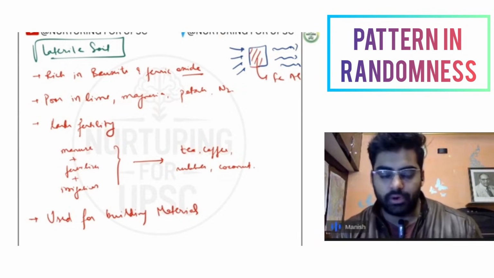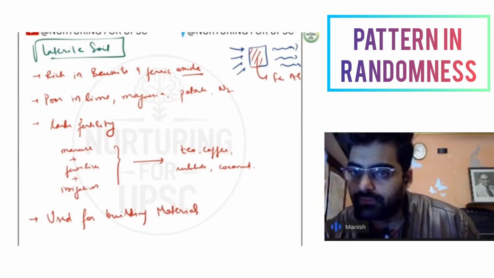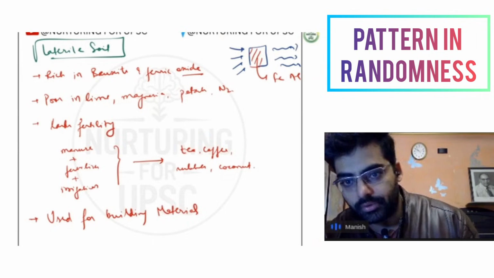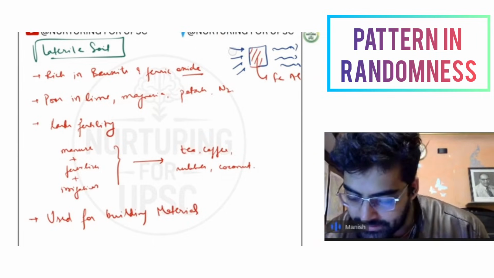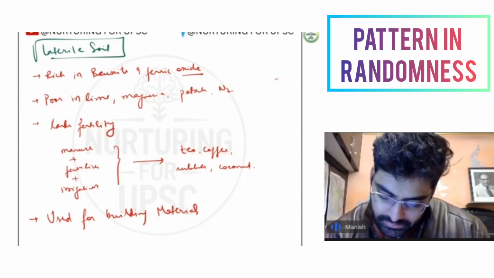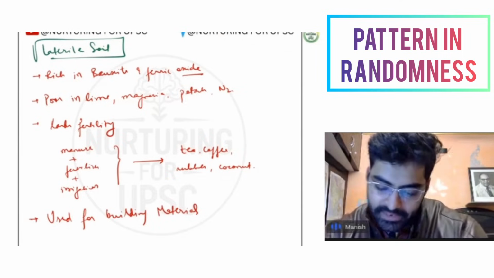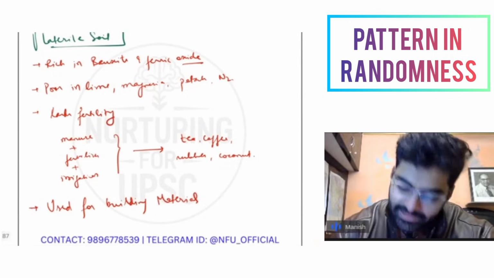And we all know bauxite is the ore of aluminum. A lot of bauxite mines are actually found in Odisha. So it is due to that laterite soil, the laterization process. This soil is rich in bauxite and iron oxide. It is poor in lime, magnesia, potash, and nitrogen, and it lacks fertility.